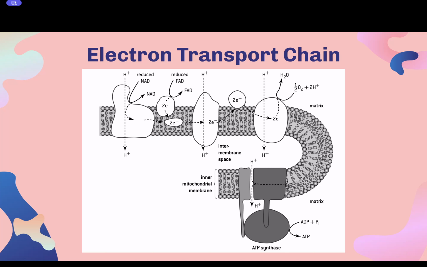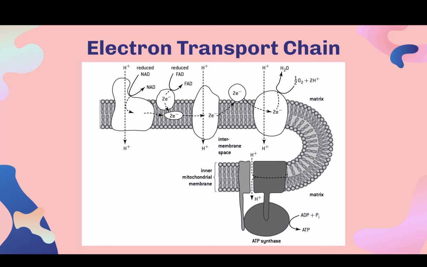You can essentially think of it like when you push down on the top of a suitcase to be able to close it, that's essentially what's happening to all the H plus ions. They're getting pushed into the intermembrane space, even though it's probably very full already.